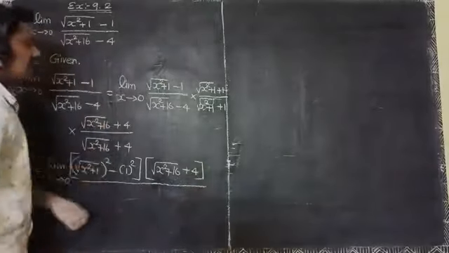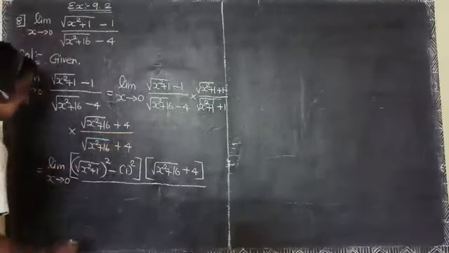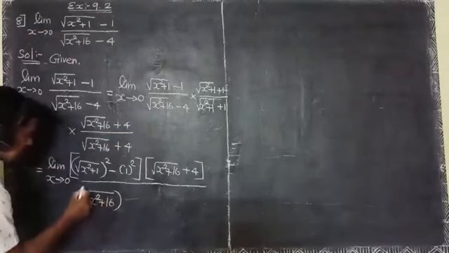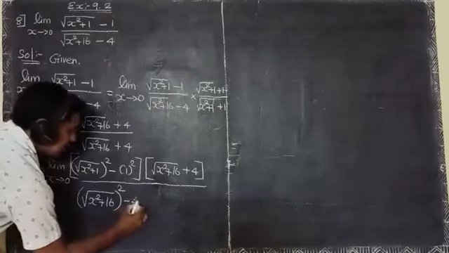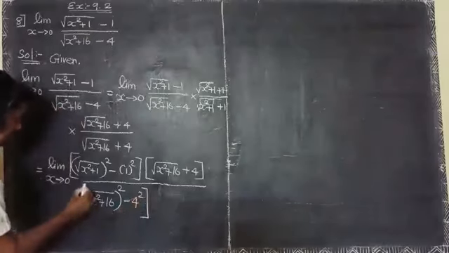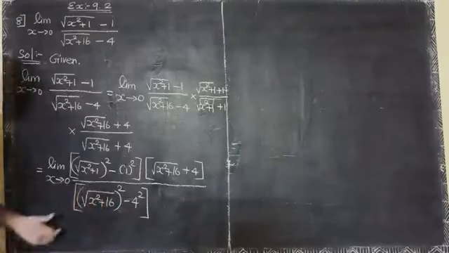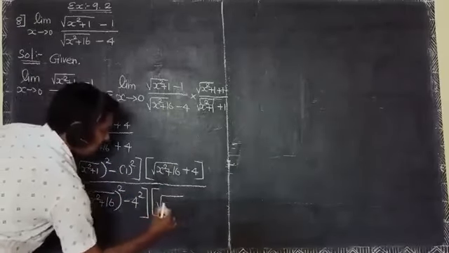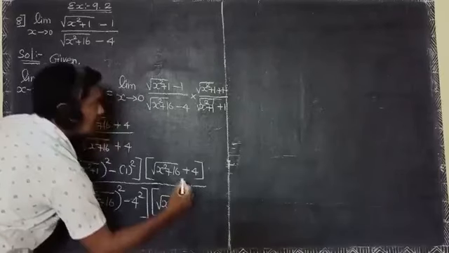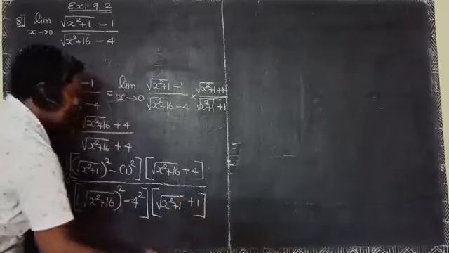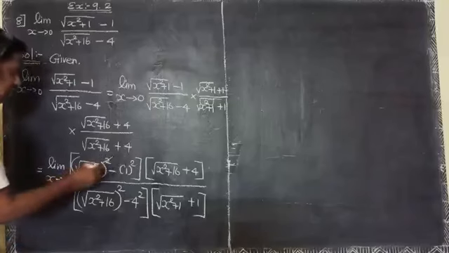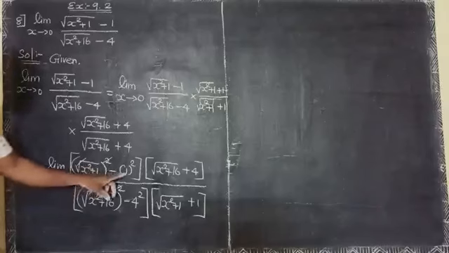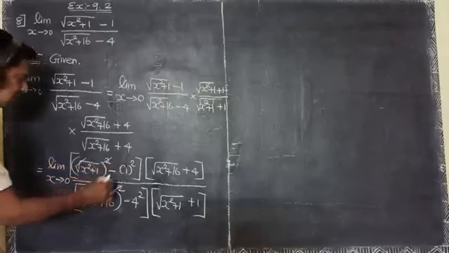The denominator is (a minus b) into (a plus b), that is (square root of x² + 16) whole squared minus 4 squared. Then the other factor in the numerator is square root of x² + 1 plus 1. Here the square roots are cancelled: x² + 1 minus 1 squared is 1, plus 1 minus 1 cancelled.